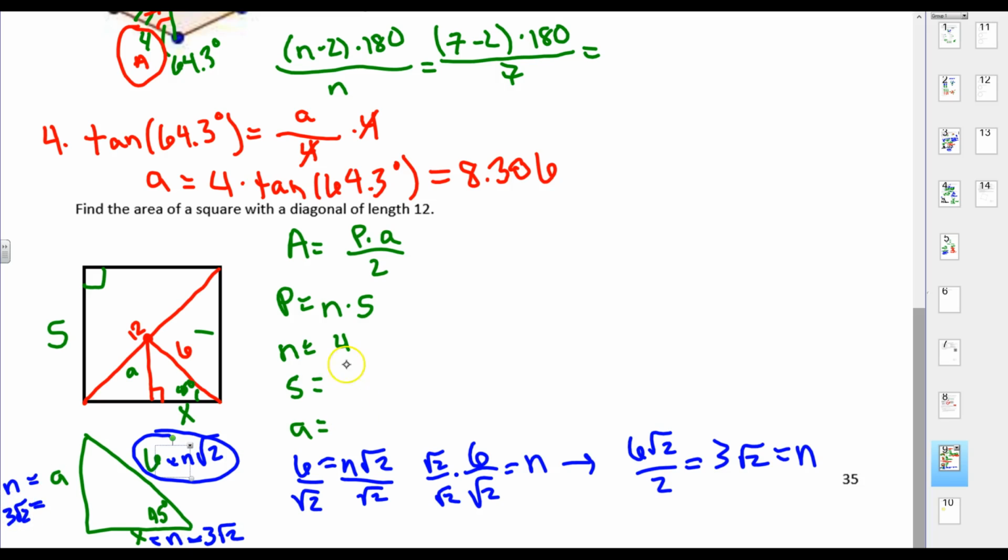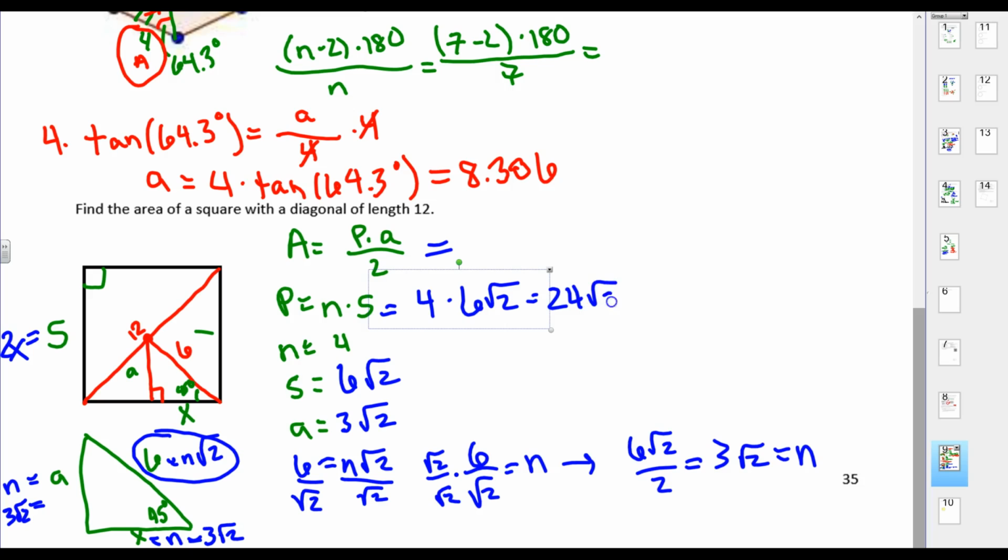So my apothem is 3 root 2, and my side length, which we discussed is 2 times that x value, where 2 times that x value is going to make this 6 root 2. So plugging into my formula, my perimeter, number of sides times side length, 4 times 6 root 2 is in fact 24 root 2.